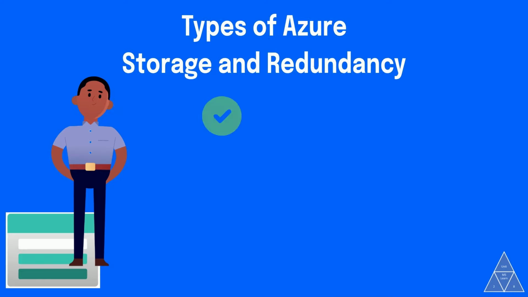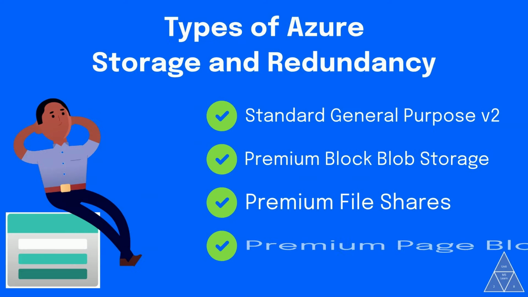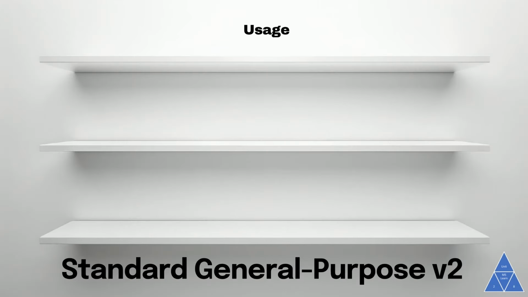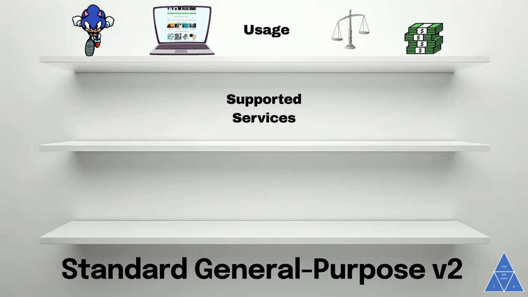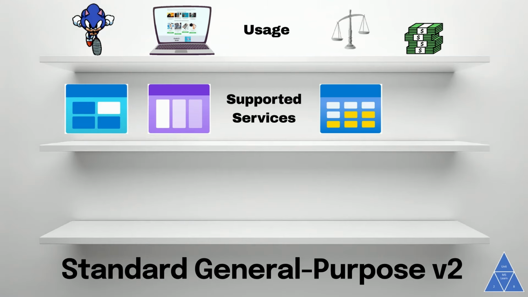This slide discusses the Azure Storage Account types and the various redundancy choices available for data resiliency. Standard General Purpose v2 in Azure is used for running production workloads, application development, and scenarios requiring a balance of performance and cost efficiency. Supported services are Blob storage, including Data Lake Storage, queue storage, table storage, and Azure Files.